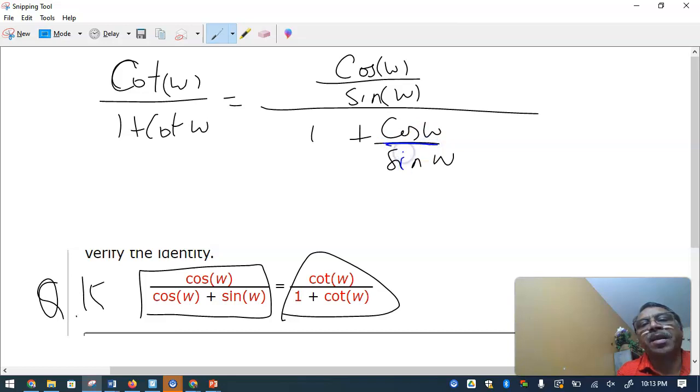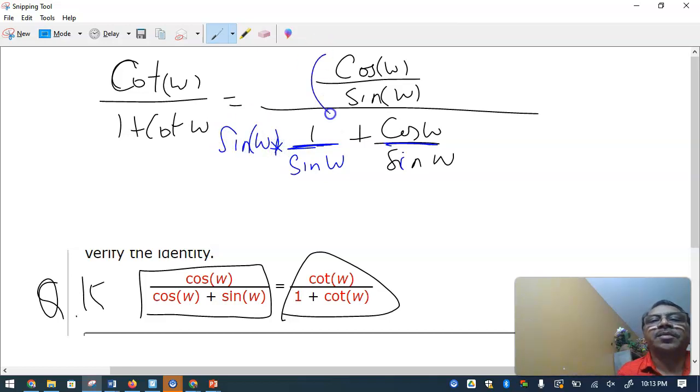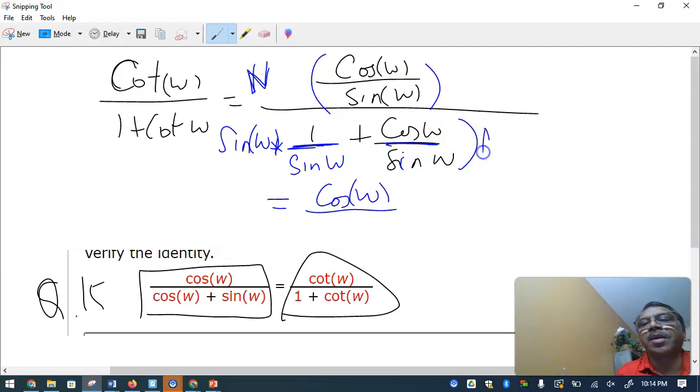This is sine, and we need a common denominator, so you can't just divide, you have to also multiply by this. Now this is the numerator and this is the denominator.